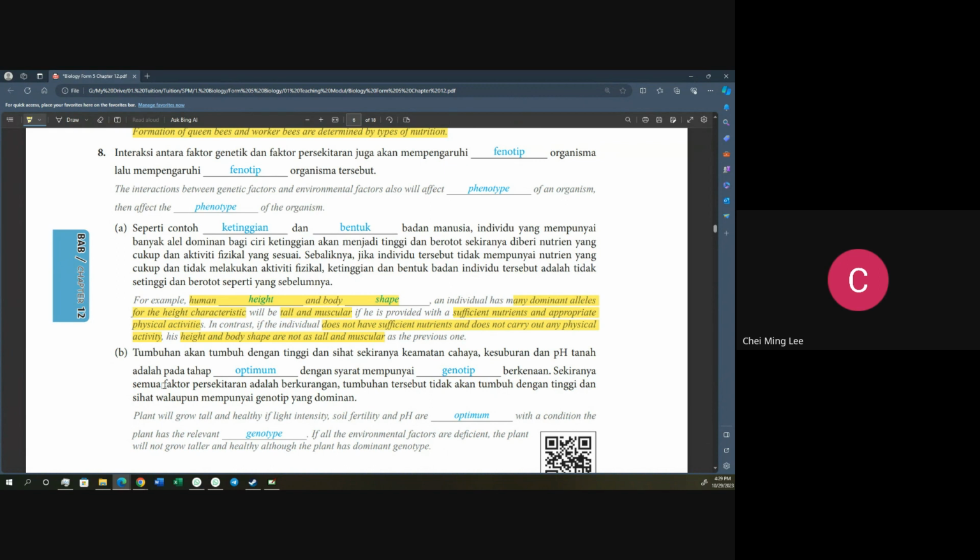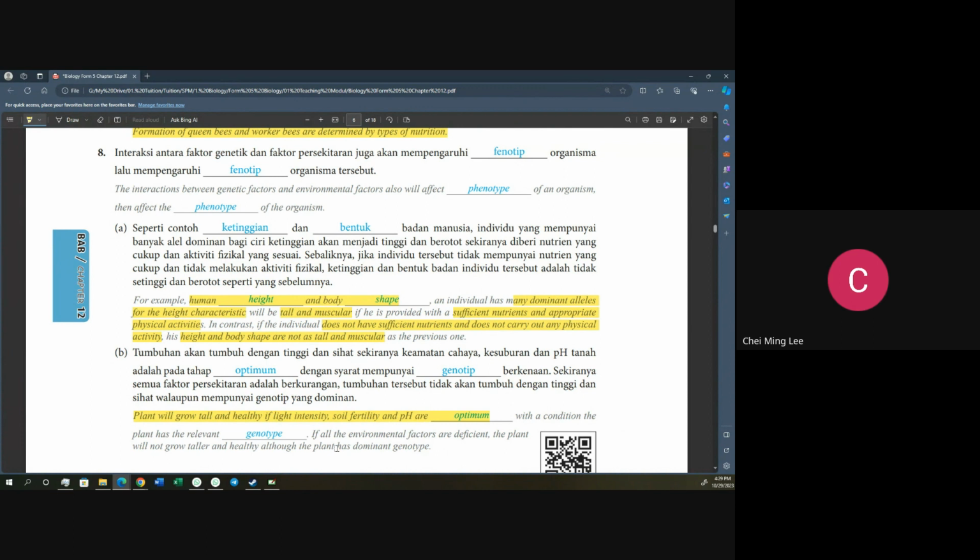While the plant will grow tall and healthy if light intensity, soil fertilization, and pH are optimum, with a condition that the plant has the relevant genotype.